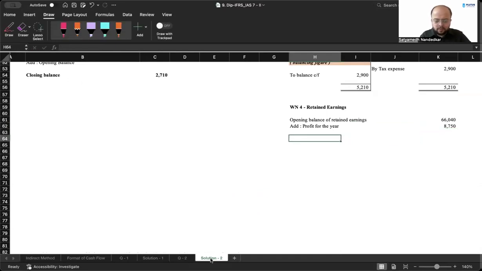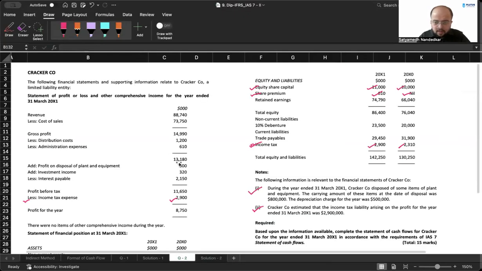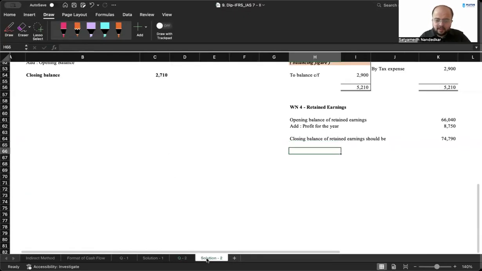So that means closing balance of retained earnings should be 74,790. How much is it? It is 74,790.